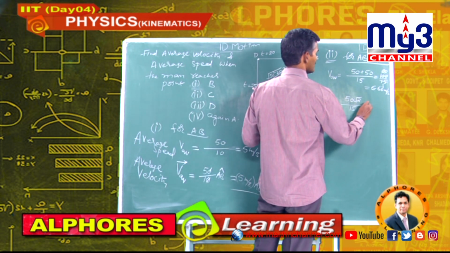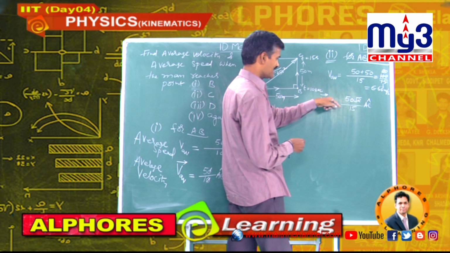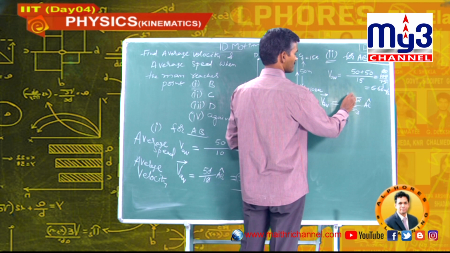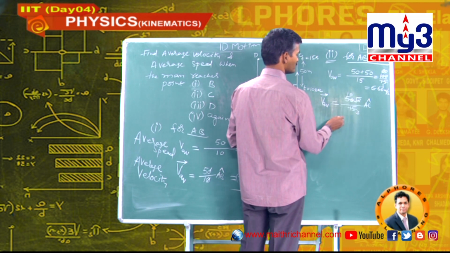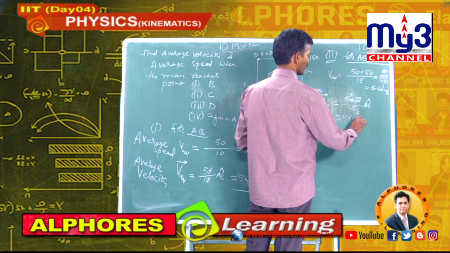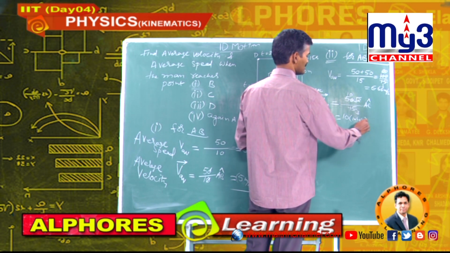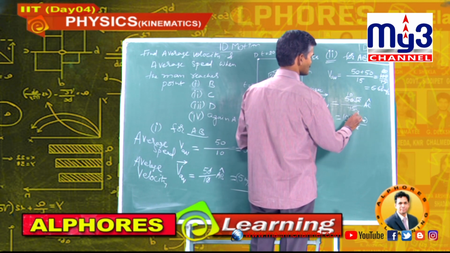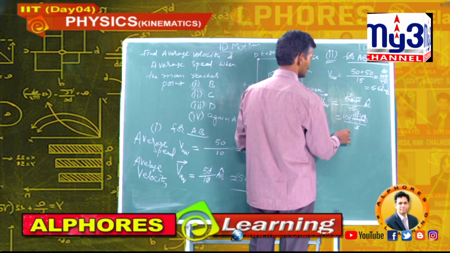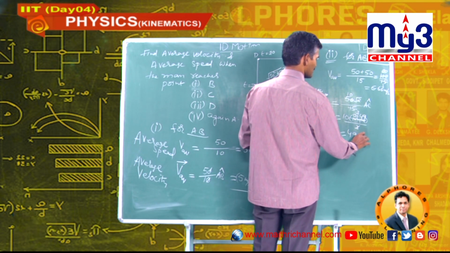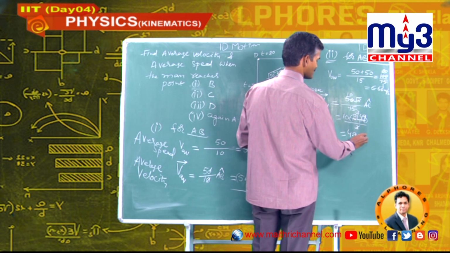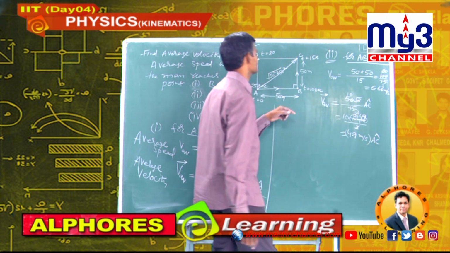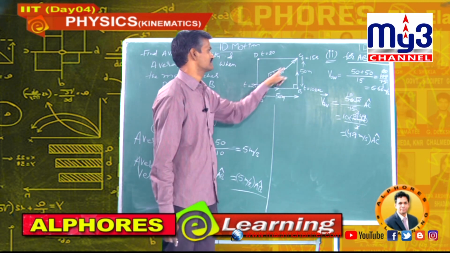You have to mention AC cap. On calculating, root 2 is approximately 1.4, so 50 into 1.4 by 15 is nearly 4.9 meters per second into AC cap. This is the average velocity for this ABC journey.